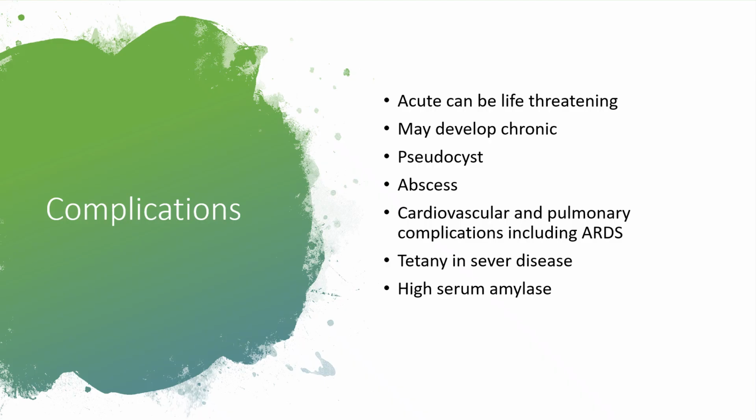Rupture of these pseudocysts or of the pancreatic duct can lead to pancreatic ascites. An infected pancreatic pseudocyst becomes a pancreatic abscess. The ascites is signaled by gradual increasing of abdominal girth and persistent elevation of the serum amylase level without abdominal pain.